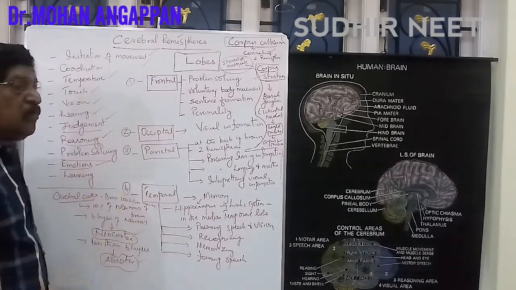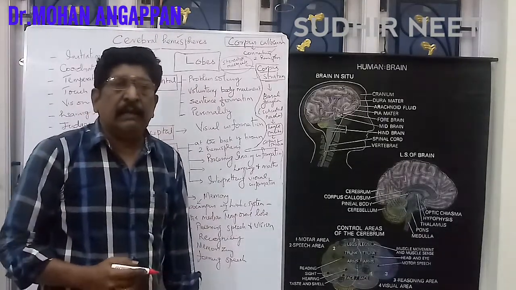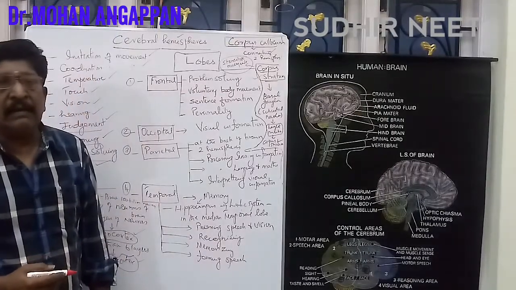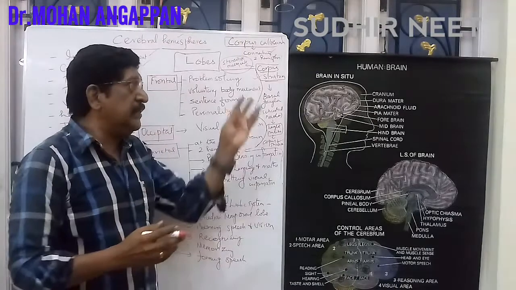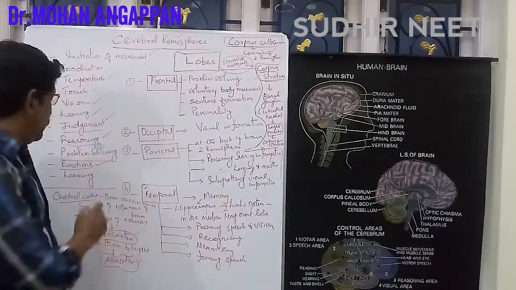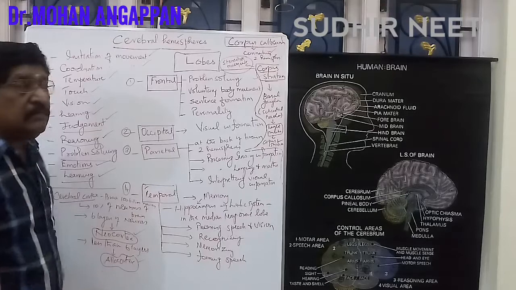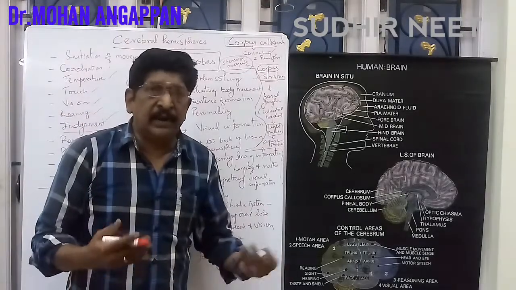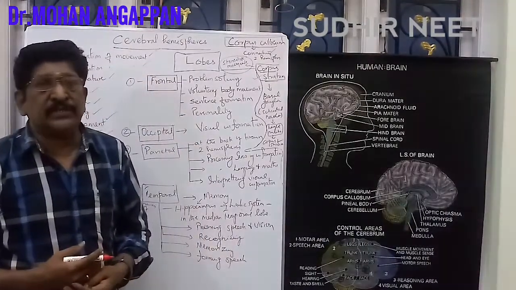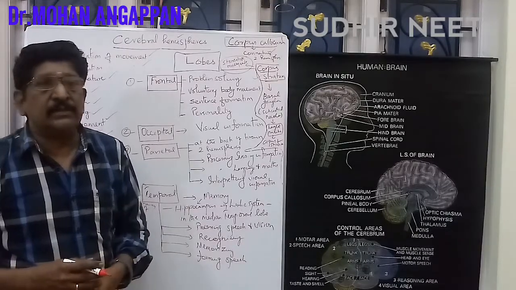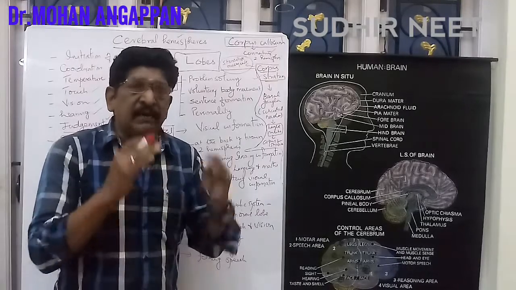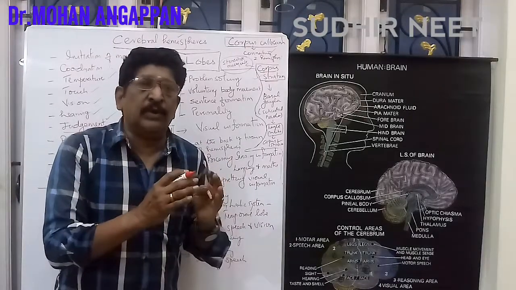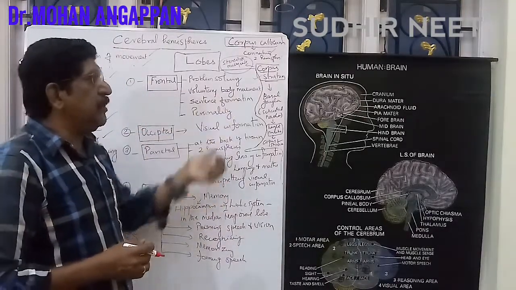Then all types of emotions, fear, anger, hunger, everything, are controlled by the cerebral hemispheres. And then learning. We are learning everything, languages or mathematics. That learning process is controlled and maintained by the cerebral cortex.